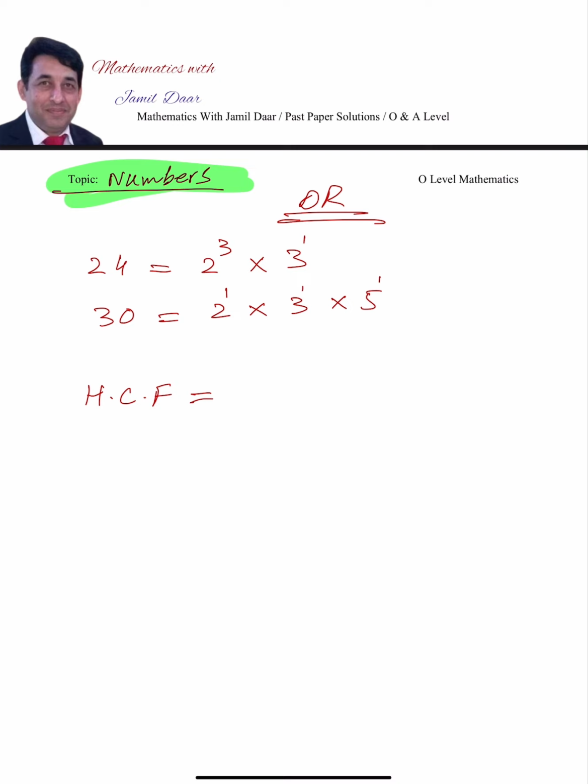For HCF, they take only the common factors, which are 2 and 3, with their lowest powers.